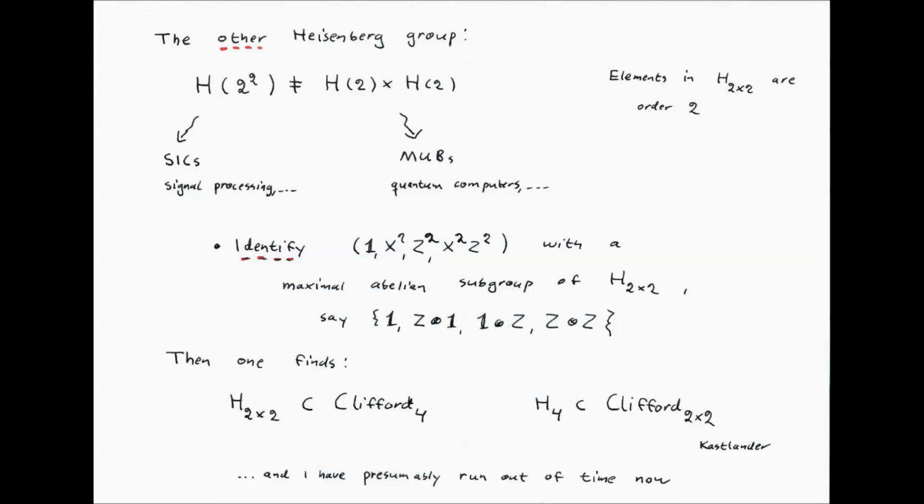And then what one finds is that the group elements here, so now these groups are firmly tied together. And then what one finds is that this group here is actually a subgroup of the Clifford group of this thing. Conversely, this group is actually a subgroup of the Clifford group of that thing. So that enables a rather firm link between SICs and MUBs in dimension 4 to be made.